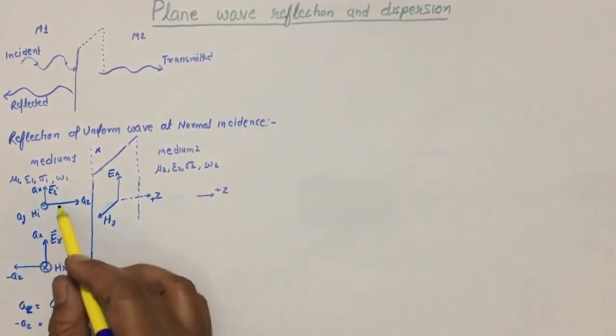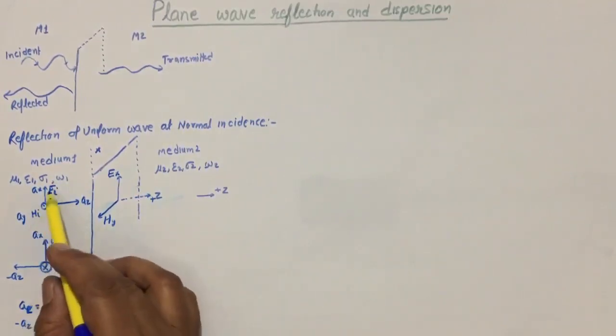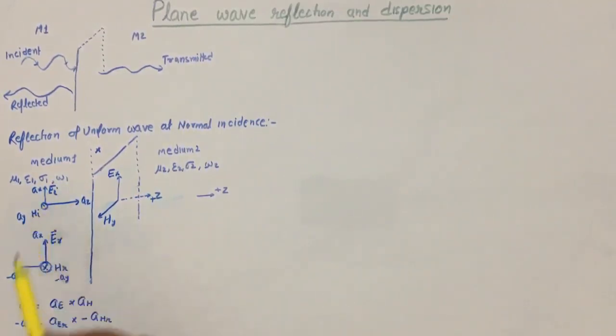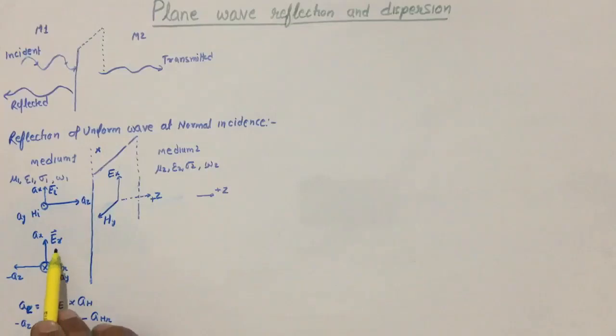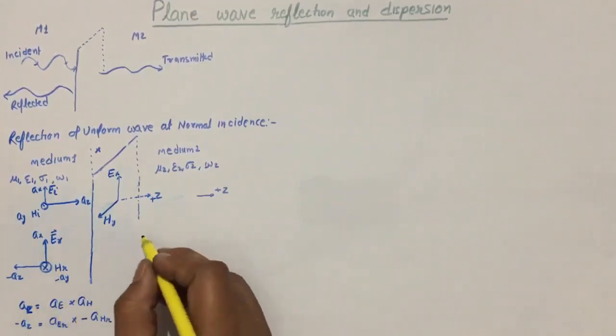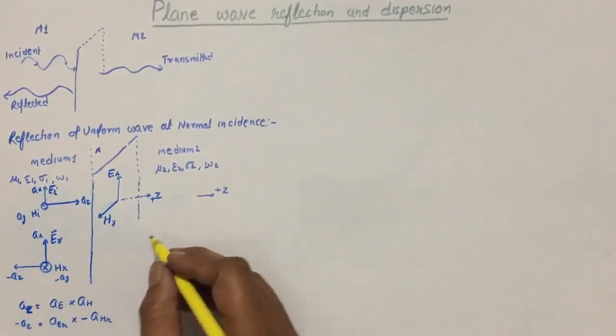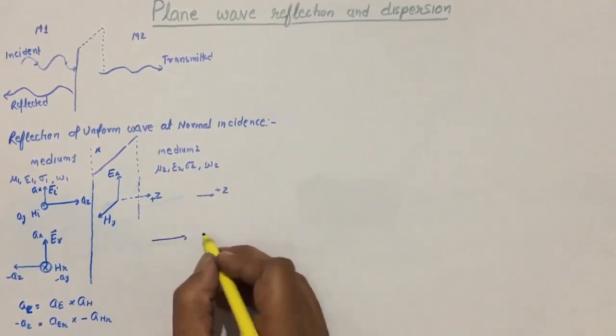So this is the incident wave. The electric and magnetic field components are here. This is the reflected wave. Part of it has reflected, with electric and magnetic field components in these directions, and the transmitted part will be in the direction of plus z.